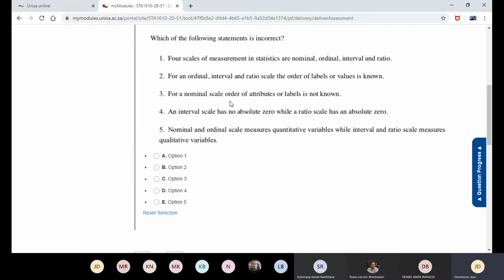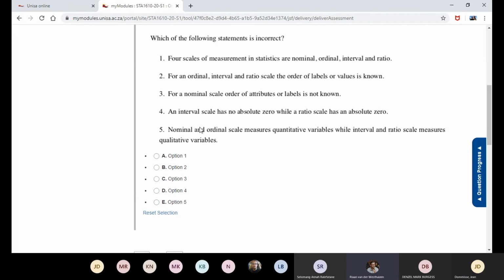So for a nominal scale, order of attributes or labels is not known, that one is actually correct. If you look at page 4 of the study guide, there's a little table of scales of measurement, and this whole question is based on it, with all the answers in there.